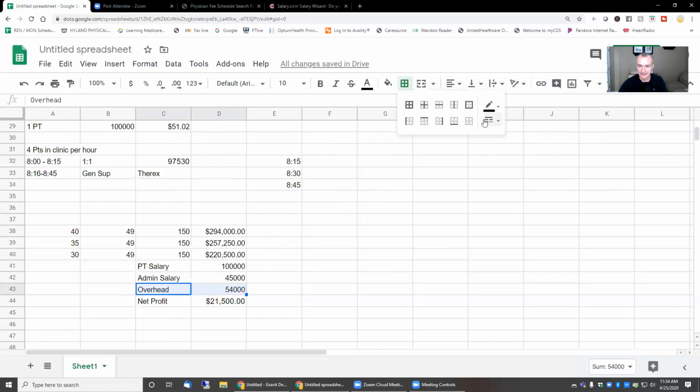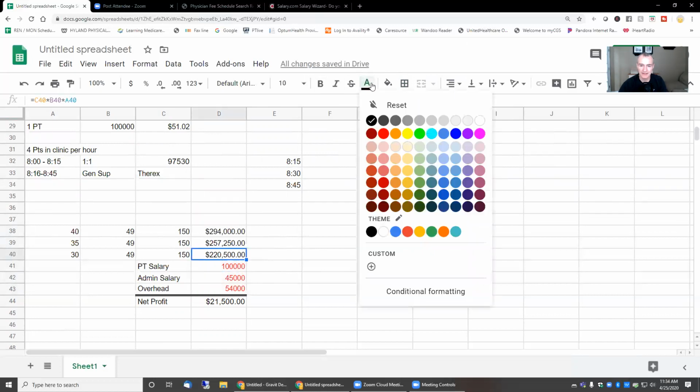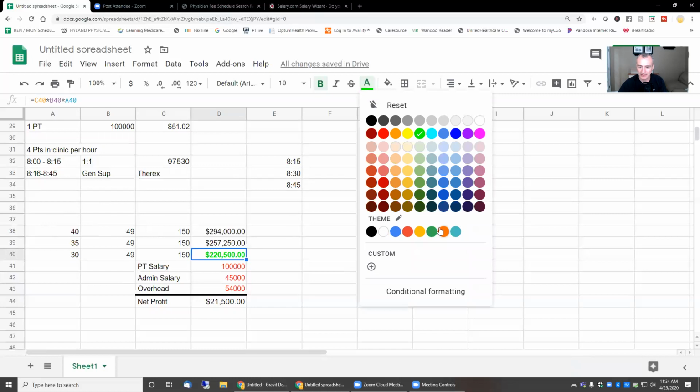Basically what we're looking at here, I'm going to make those red. I'm going to make this one green and bold. That's hard to see. Let's make it a little darker.